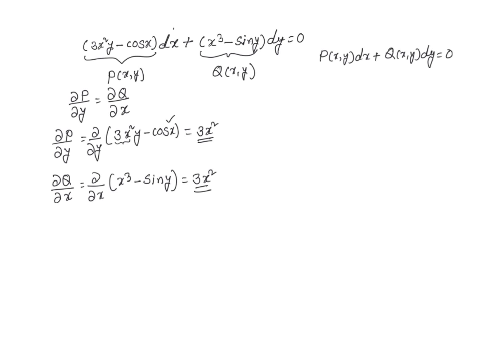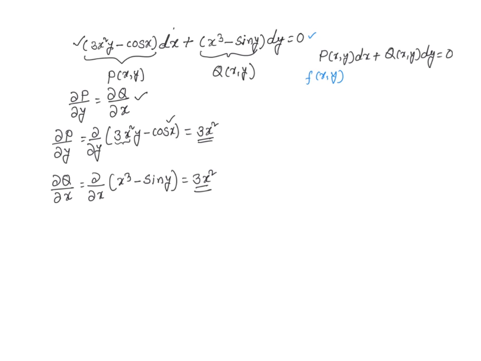That means we can conclude that ∂P/∂y is equal to ∂Q/∂x. So the differential equation that we are trying to solve is actually an exact differential equation. Since this is an exact differential equation, there exists a function f of x comma y that is going to be the solution to this differential equation.